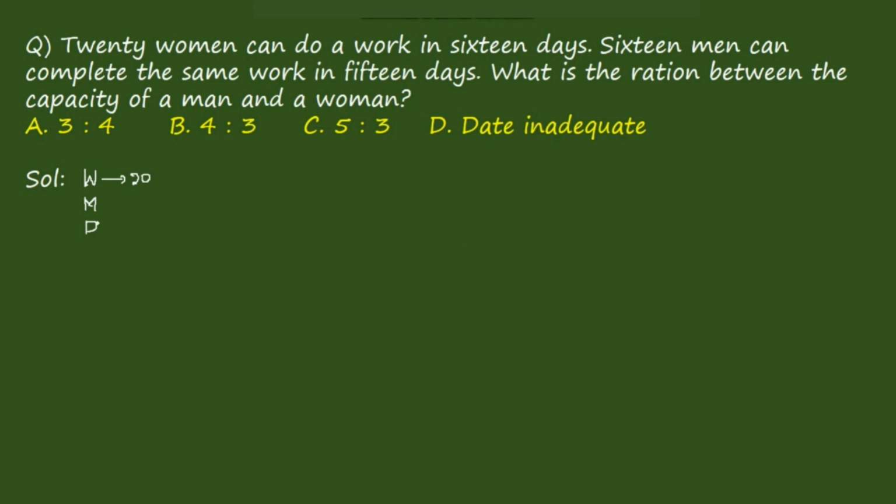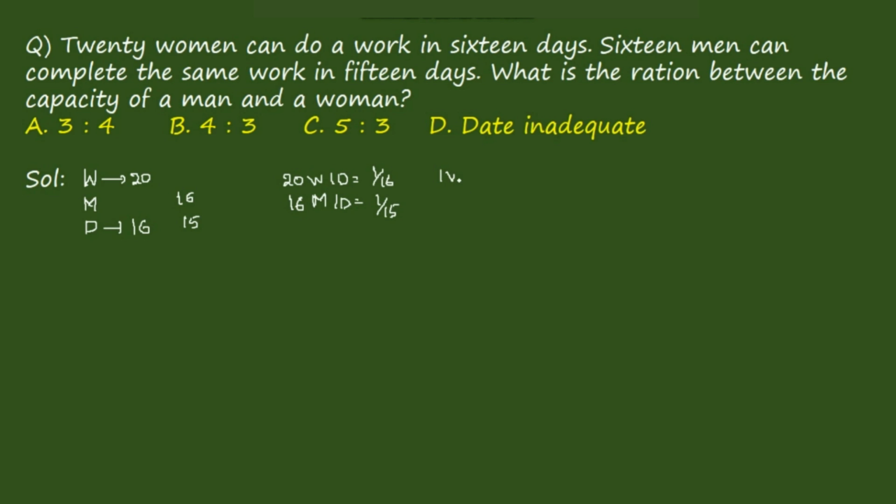20 women can complete the work in how many days? 16 days. And 16 men can complete the work in 15 days. Right? Now what we do is, for 20 women, 1 day work is equal to 1 by 16, as 20 women can complete the work in 16 days. And for 16 men, 1 day work is equal to 1 by 15.